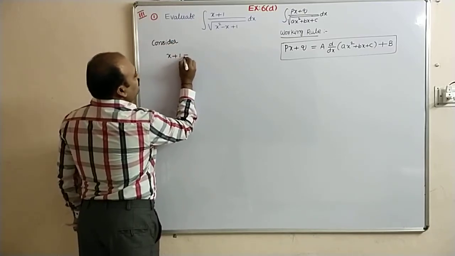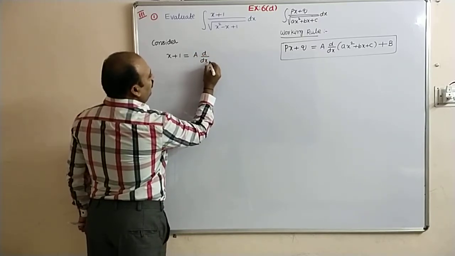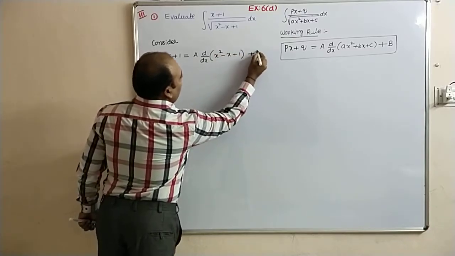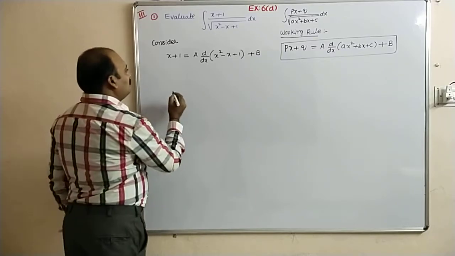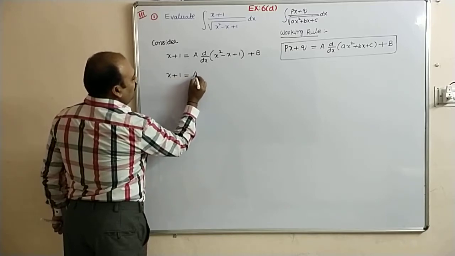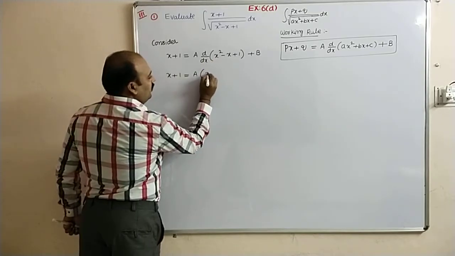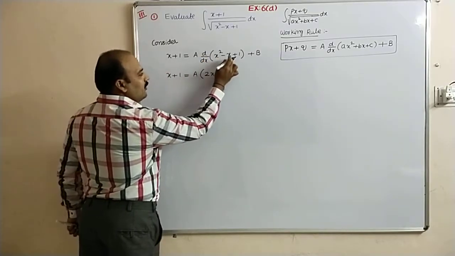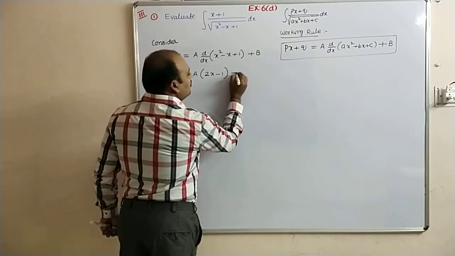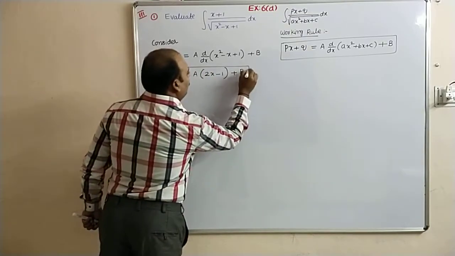By using the working rule, it can be written as capital A into d by dx of the quadratic expression x square minus x plus 1, plus B. So x plus 1 equals capital A into d by dx of x square is 2x, d by dx of minus x is minus 1, d by dx of the constant is 0, plus B. Put that as equation number 1.